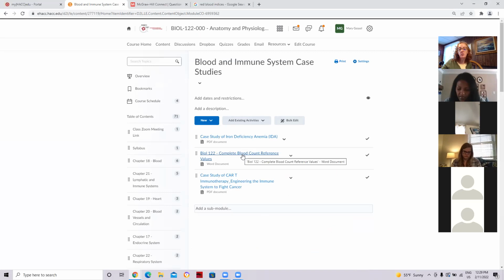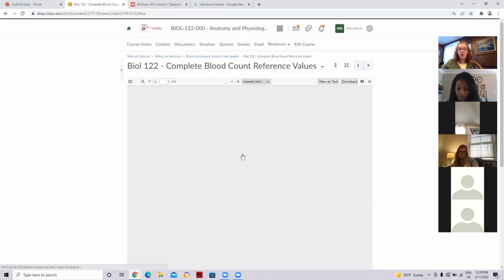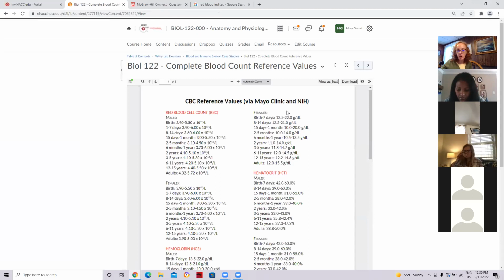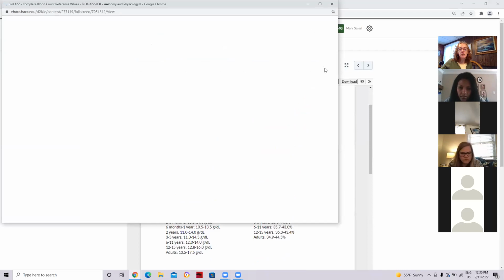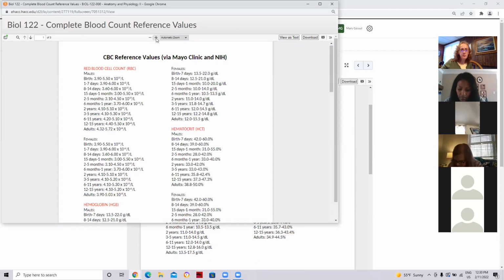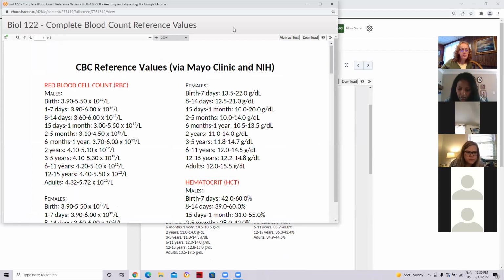They took a certain blood volume from her, maybe a couple milliliters, and then did a complete blood count, looking at all differences in the red blood cells, her white blood cell counts, everything they could possibly do. So her red blood cell count for females, if you look at this sheet, I'm going to enlarge it a little bit.